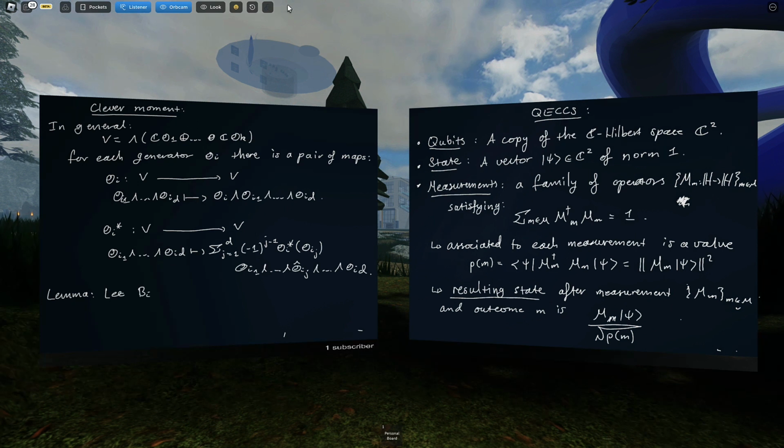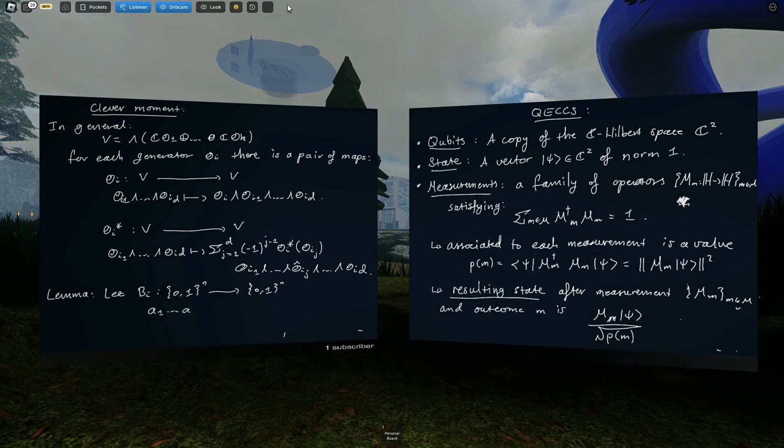So let's say I had a bit flip operator. This is a map from this set, so in some n-digit binary number to itself, and it flips the ith digit, right? So it will send a1 dot dot dot an to a1 dot dot dot ai bar dot dot dot an, where 1 bar equals 0 and 0 bar equals 1.